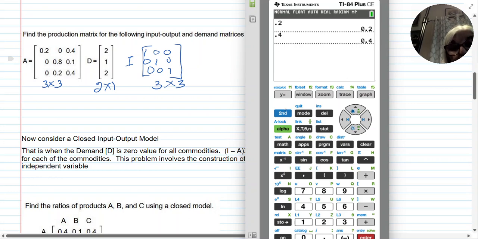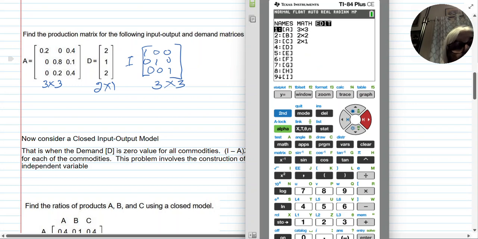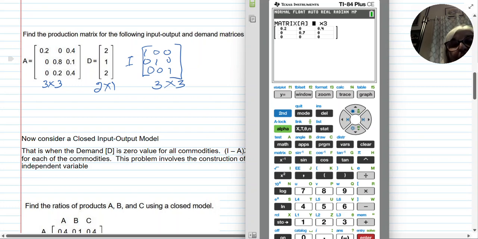Sorry, I wasn't looking. Second matrix, and let me edit, and we're talking A, and let's see how far I got. 0.2, 0, 0.4, 0, 0.8. Okay, there's where I left off. Oops, right there.